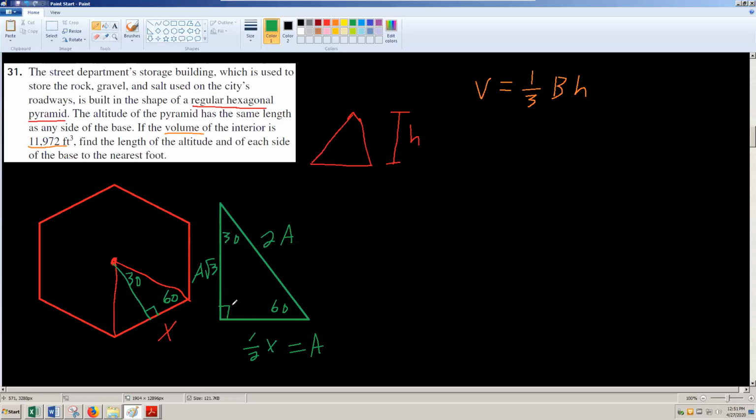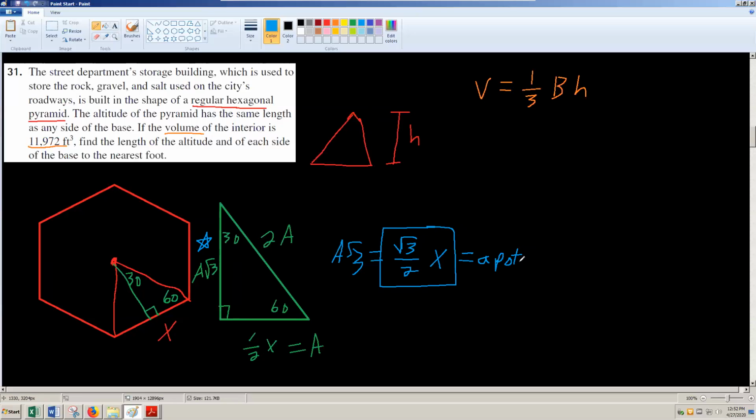So looking at this thing here, this is going to be 1/2 x times root 3. The thing that I care about, I'm going to mark with a blue star, and that a root 3 is going to be root 3 over 2 times x. So this is my apothem.